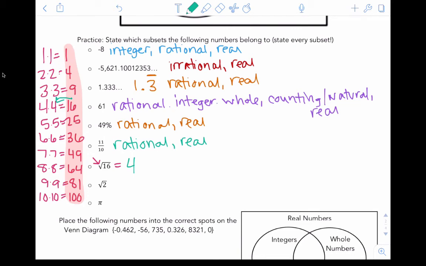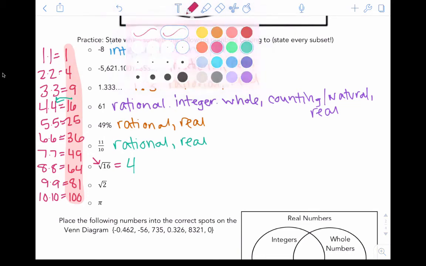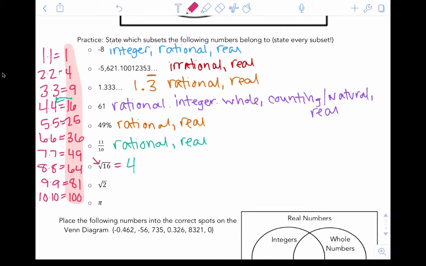So the square root of 16 is the same as 4, so if I'm looking at the number 4, and I'm figuring out where that lands, I know that 4 is rational. 4 is an integer because it's not a decimal or a fraction. It's whole and counting or natural because it's positive. And then, of course, it is also a real number.